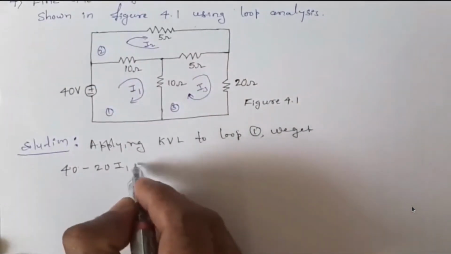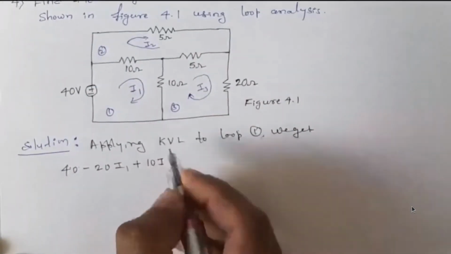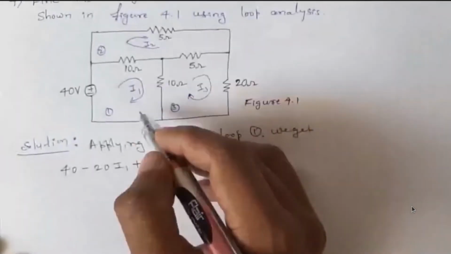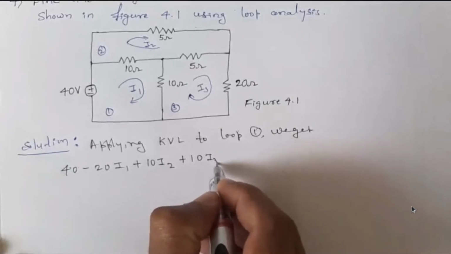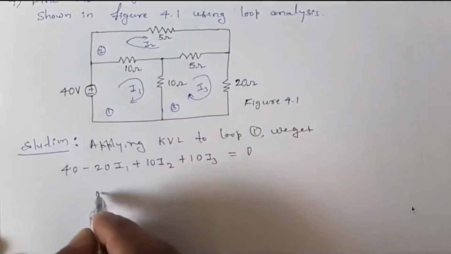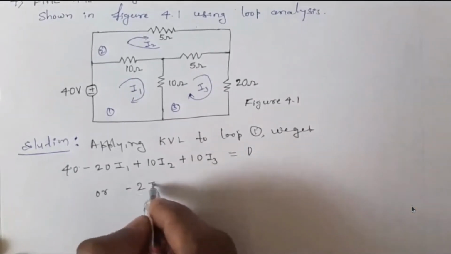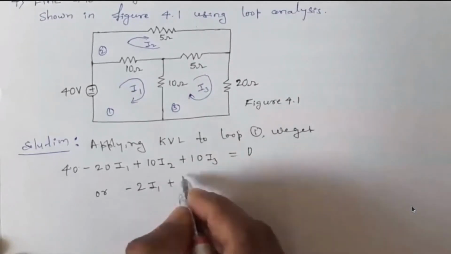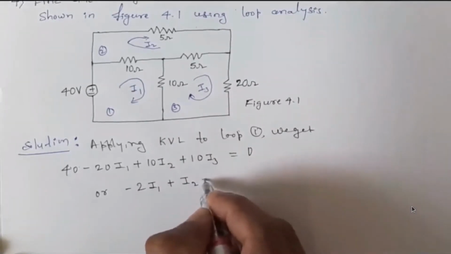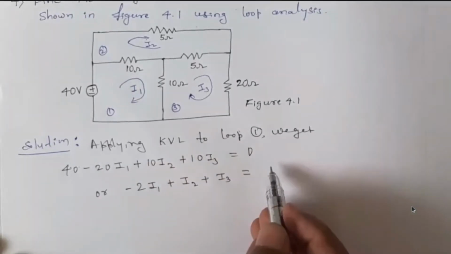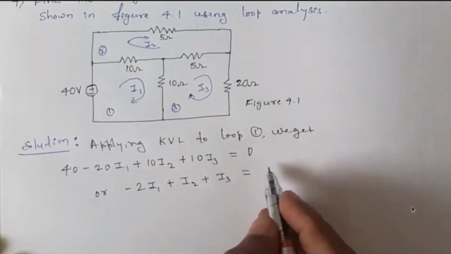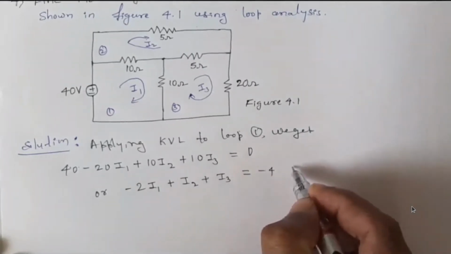Because of that, this is plus 10 I2, and even I3 is flowing opposite of I1. Because of that, it is plus 10 I3 is equal to 0. Or I'll write like this, minus 2 I1 plus I2 plus I3 is equal to minus 4. Call this equation 1.